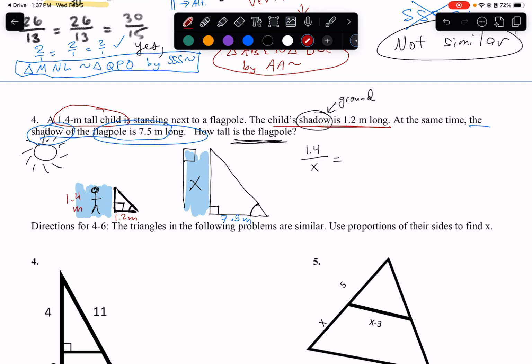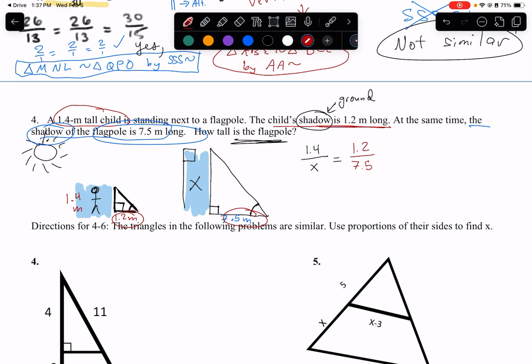And then I'm going to set up another proportion using the shadows now. Since I did the child divided by the flag, I need the child's shadow, which is 1.2, divided by the flag's shadow, which is 7.5. So now I have a proportion where I have 2 fractions equal to each other.